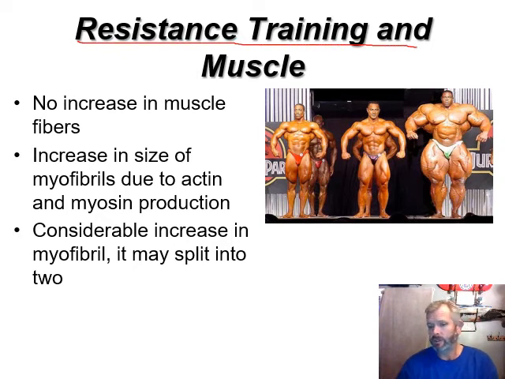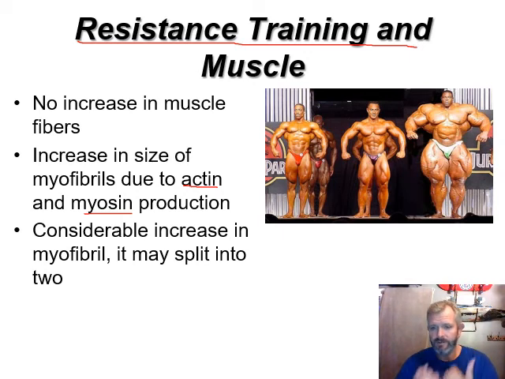Then when I go to activate those muscle fibers, they're going to have more contractile components, more of the actin and myosin, and therefore I'm going to be able to increase the tension. How do we do this? We don't increase muscle fibers. We don't just increase the amount of cells. What we're doing is increasing the amount of actin and myosin in those myofibrils. More actin and myosin, we increase the size of the muscle fiber.